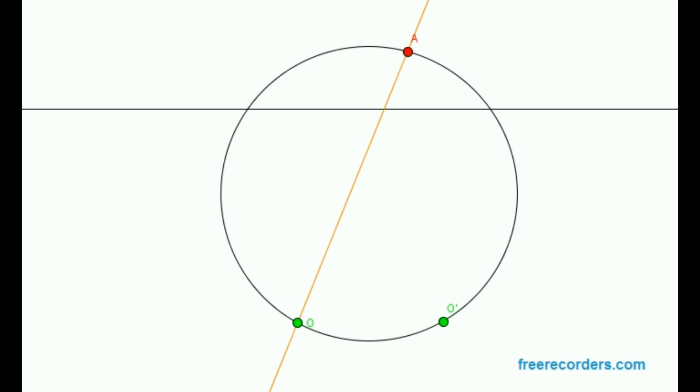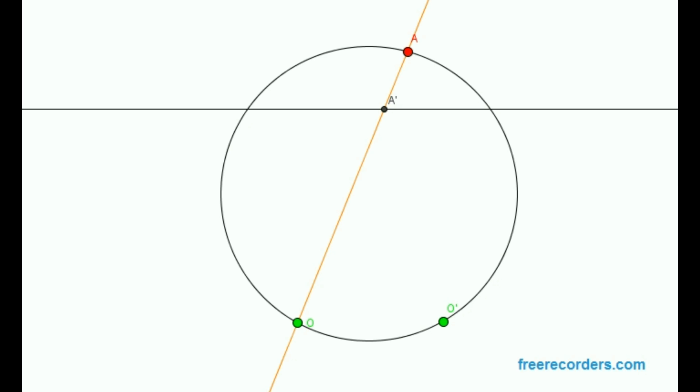So how does it work? Well, we have this black horizontal line here, which we shall call M. And what we're going to do is, we'll start by drawing an orange line between A and O. And we're going to look at where that line meets with the black line M. We'll call that point A'.